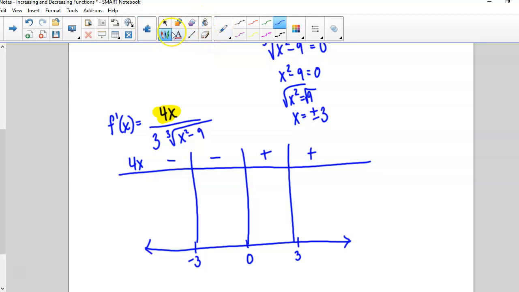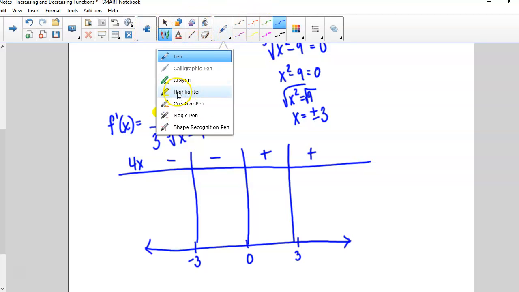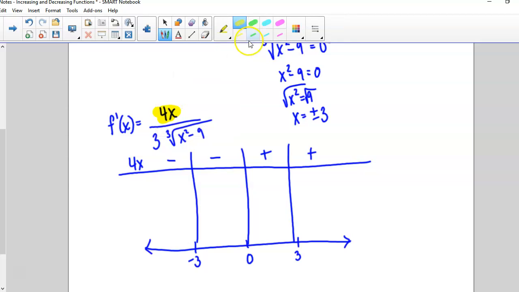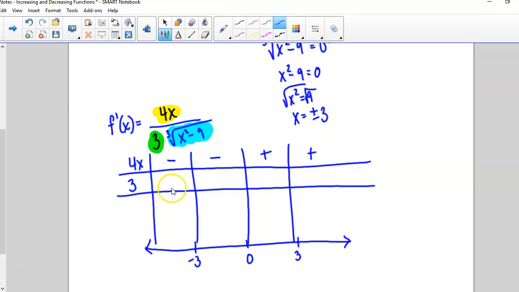In the bottom part, I have a 3, and then I also have the cube root of x squared minus 9. The 3 is just always positive. Technically you could leave that off, you don't have to put that for this. However, if it was a negative 3, you've got to put it there because it changes the sign. But I'm just going to write it there out of habit.